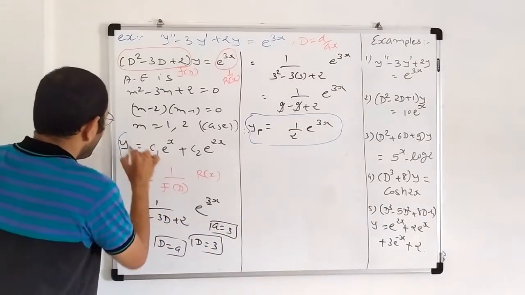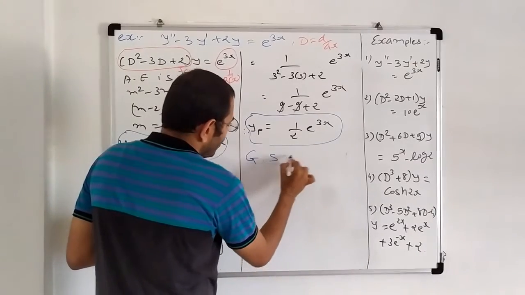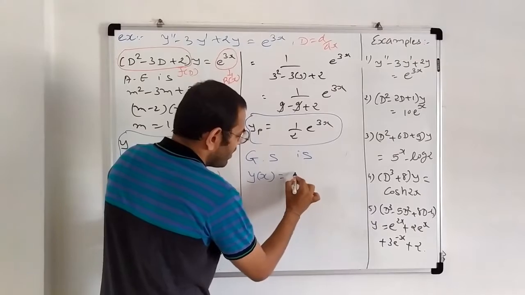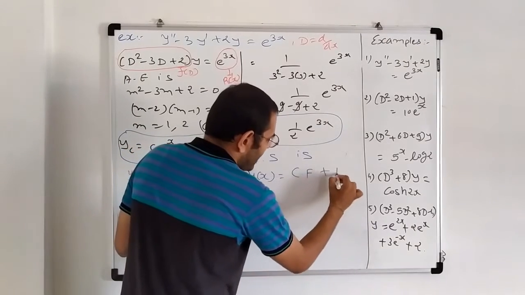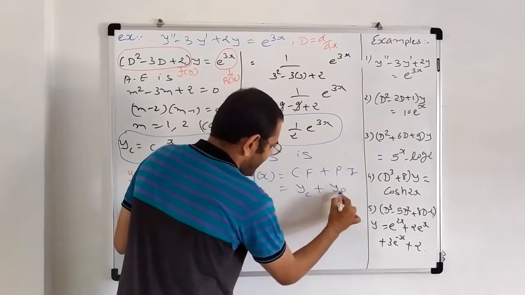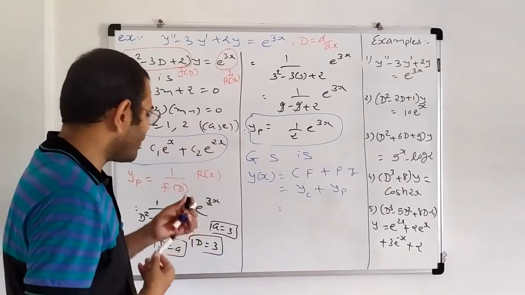That is our YC. Then the general solution is a combination of y of x equal to YC plus YP. Then substitute the values of YC and YP.